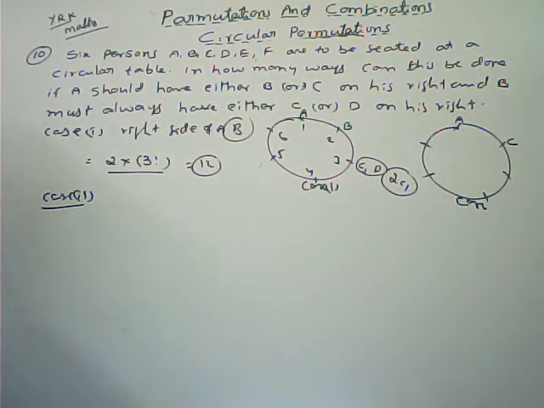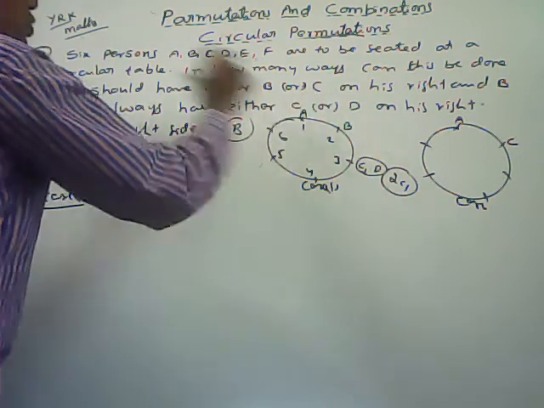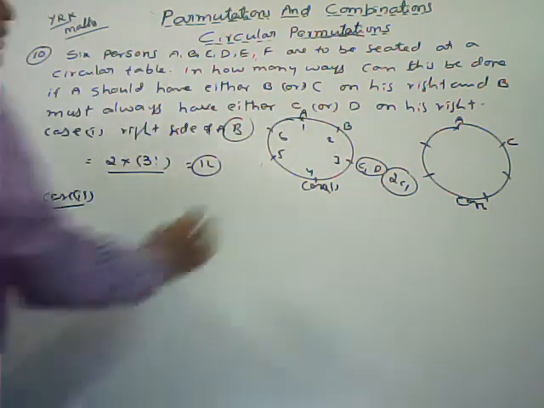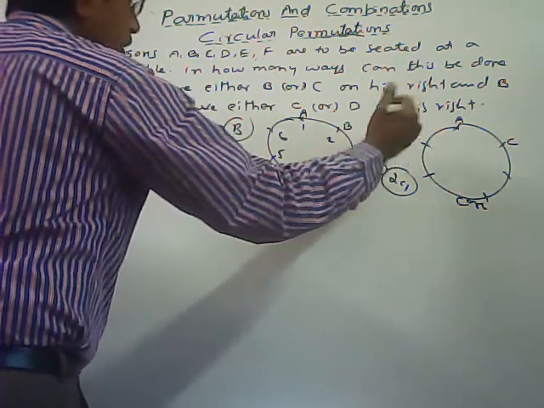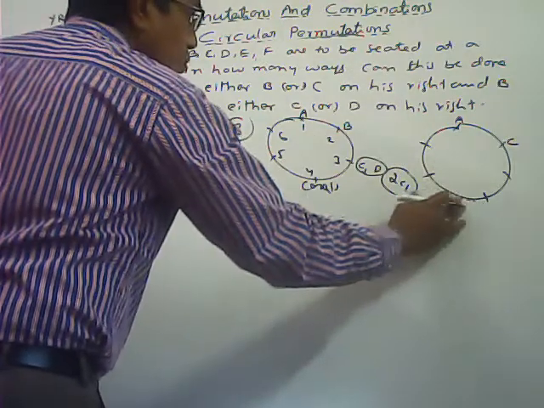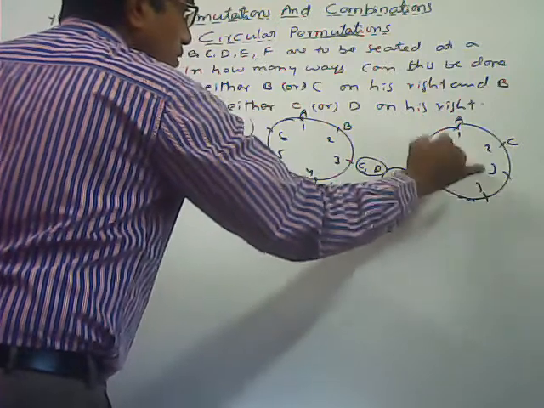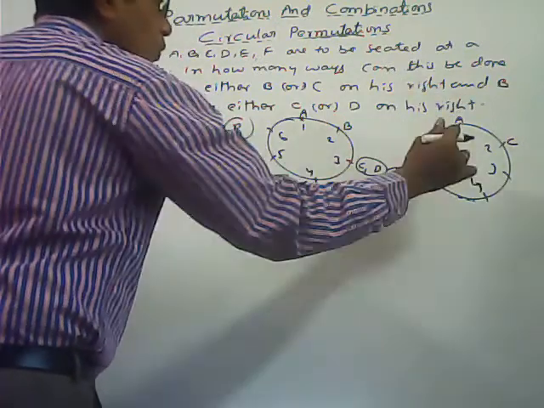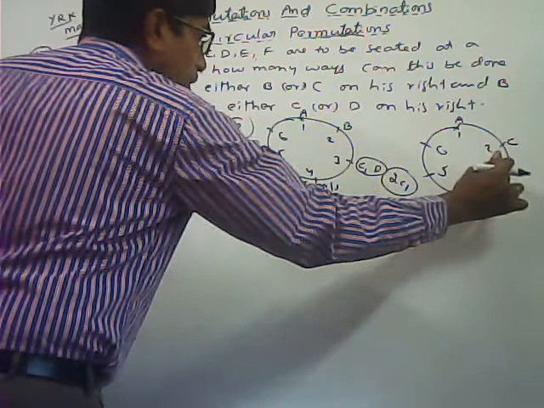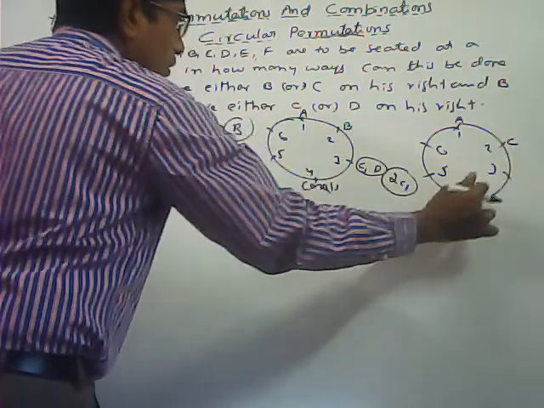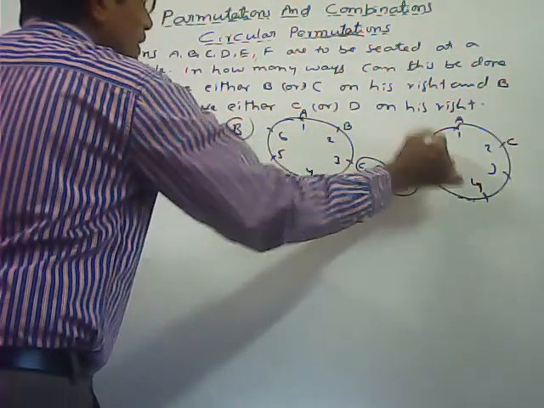Now right side of B, either C or D should be there. B can choose in any one of these seats, 1, 2, 3, 4, 5, 6. You can give the numbers. We can keep B in seat number either 3 or 4 or 5 only.